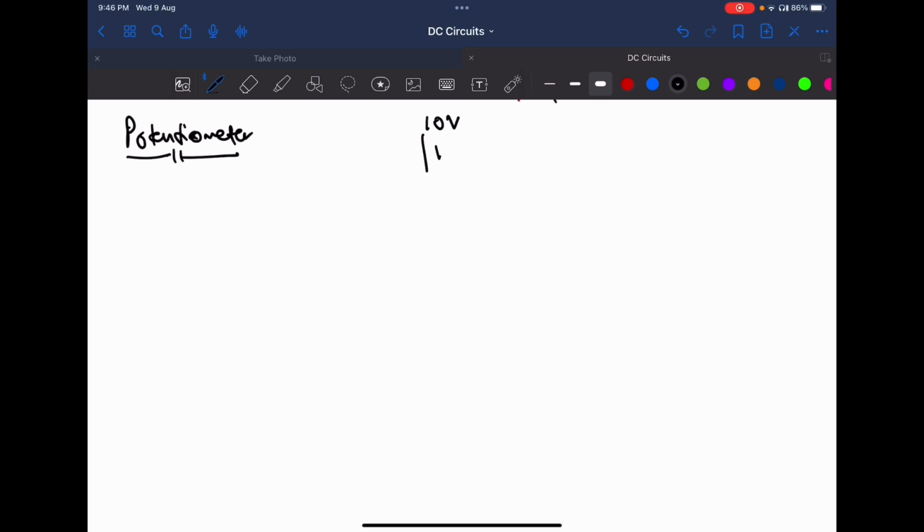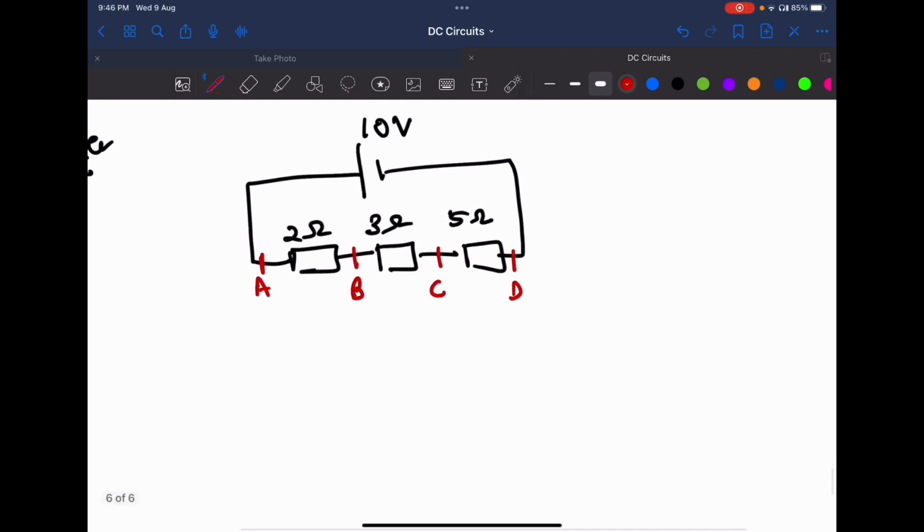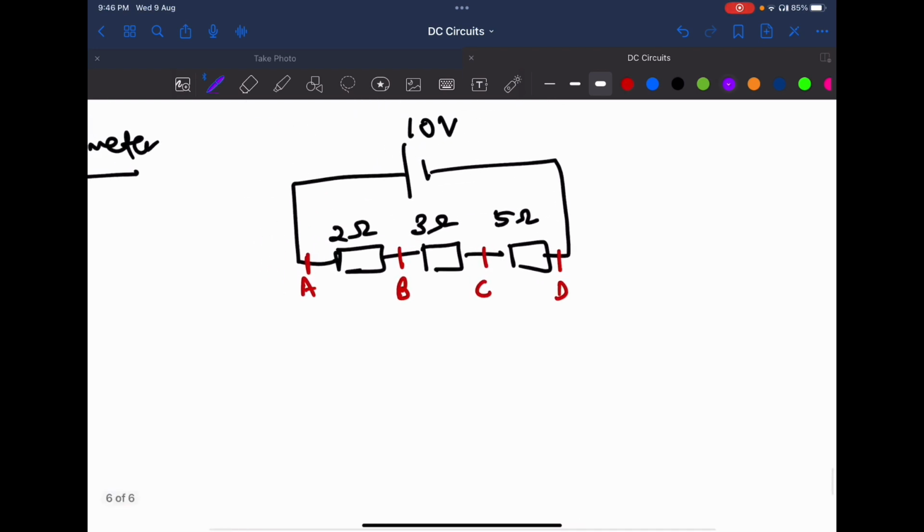Let's say we have an EMF of 10 volts and we have 3 resistors here, for example 2 ohms, 3 ohms, and 5 ohms. And I have points A, B, C, and D. Okay, now let's connect a voltmeter and let's call this connection X.